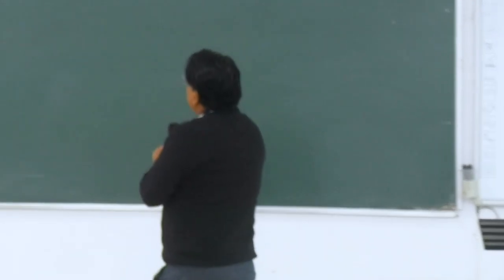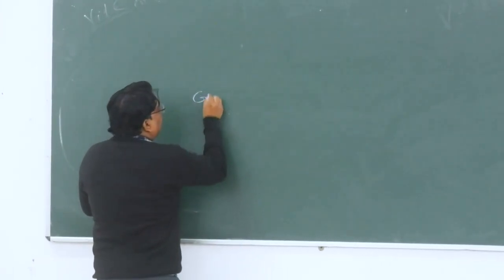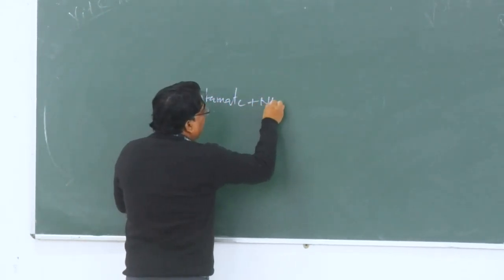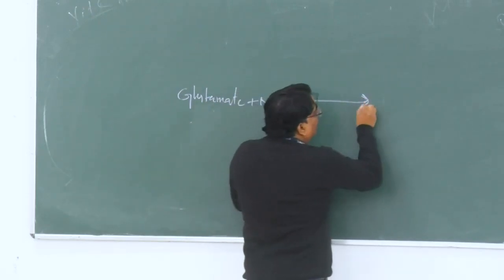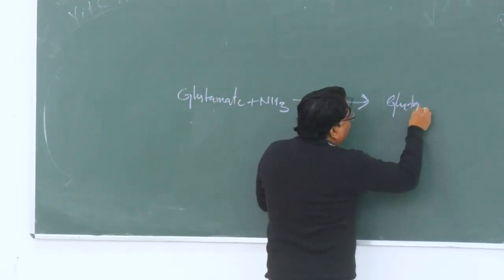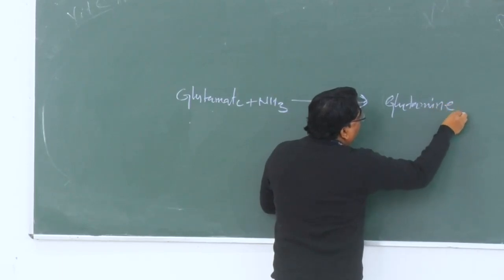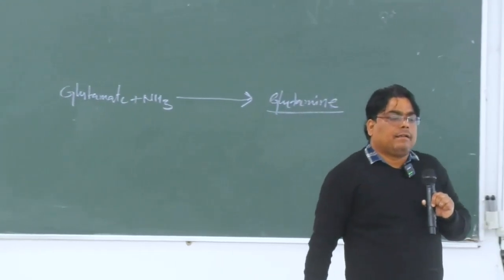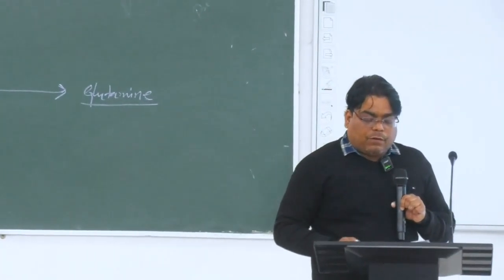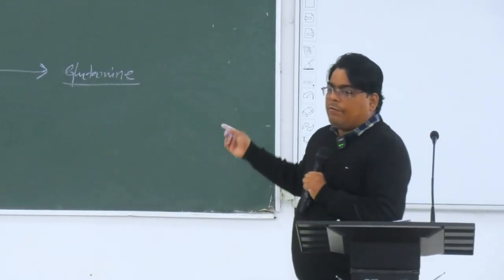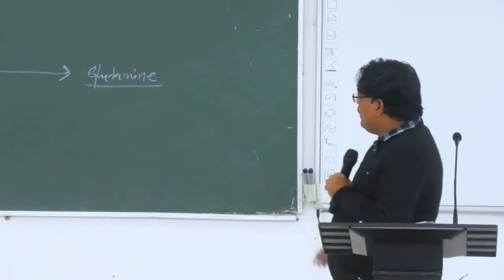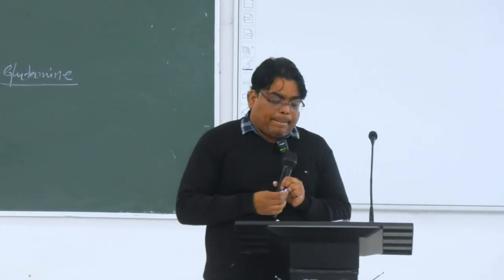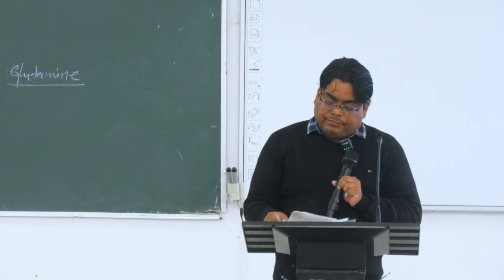Glutamate plus NH3 forms glutamine, the storage and transport form, with the enzyme glutamine synthetase, same as in the muscles.